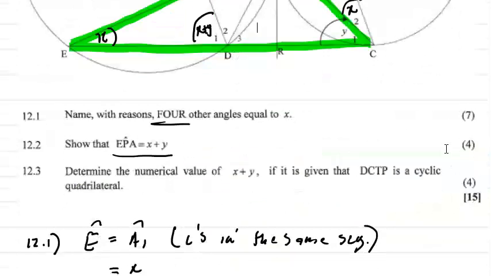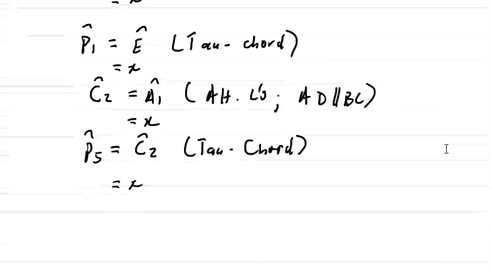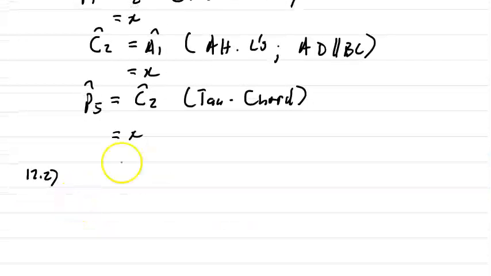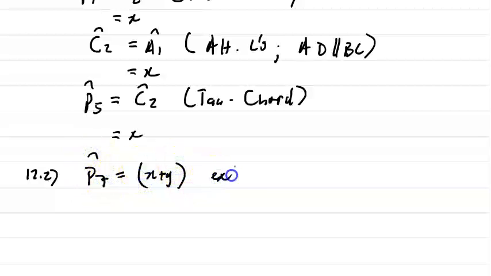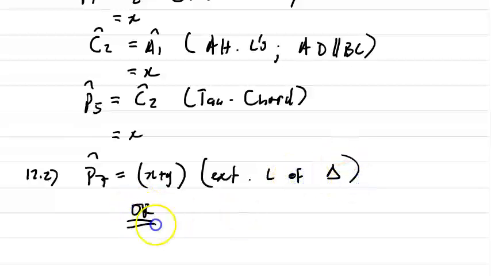So for 12.2, I'm going to say P7 is equal to X plus Y, exterior angle of triangle.